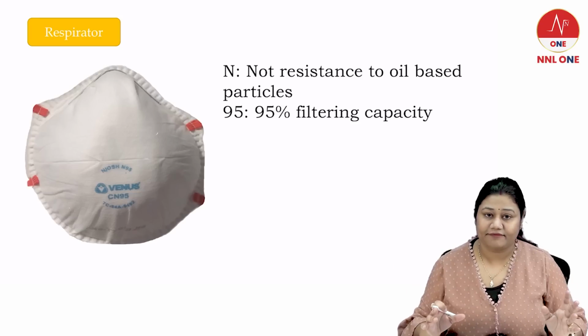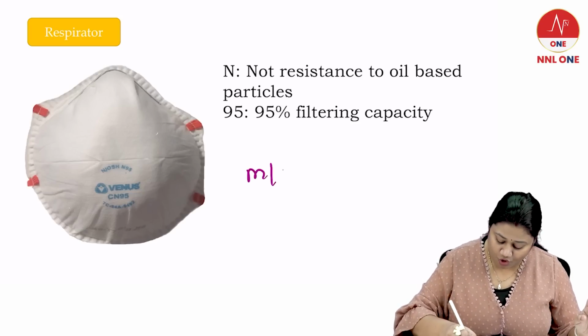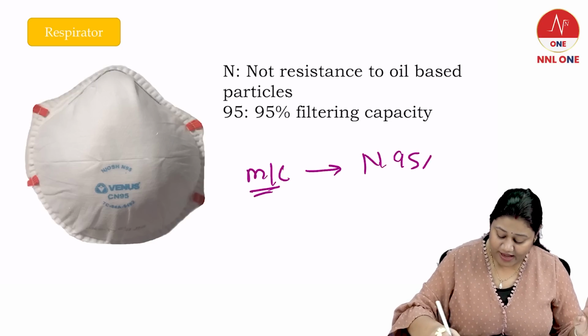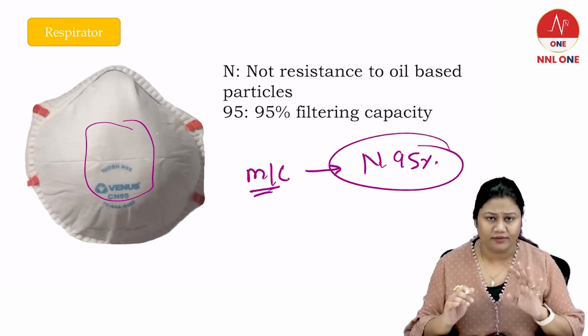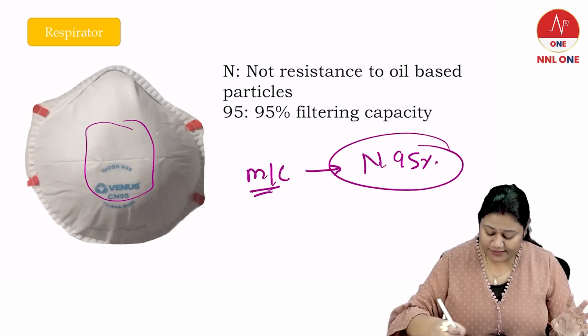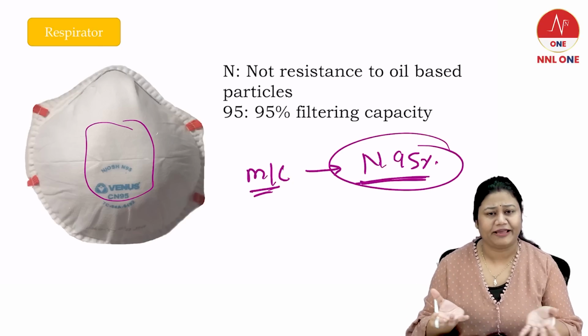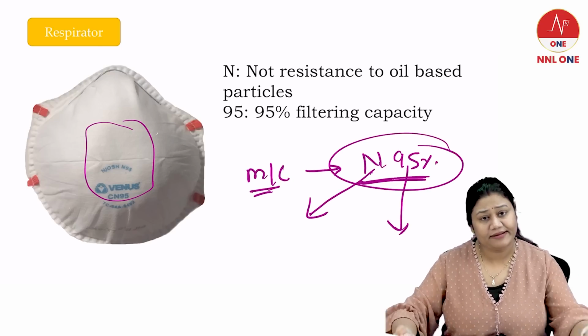Now let us quickly revise the respirator. The most common respirator that we are using in clinical setting is N95. And remember, the respirator without exhaling port are the good one to use in clinical setting. So N95 respirator is the most common one. But what is the full form of N95? So N is an alphabet, 95 is a numerical value.